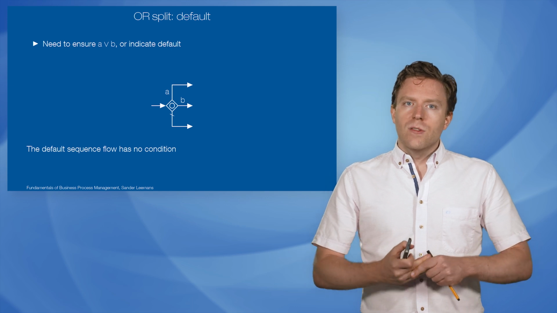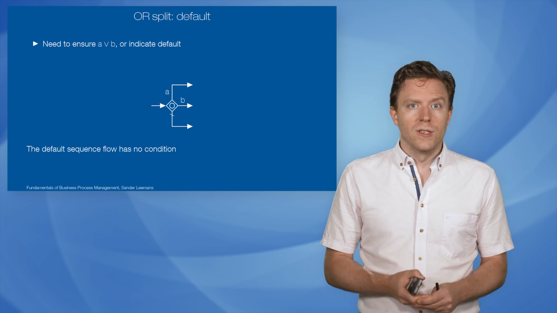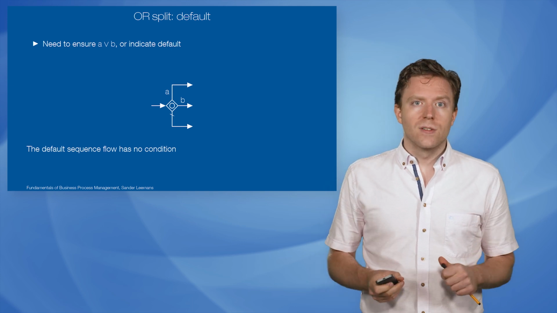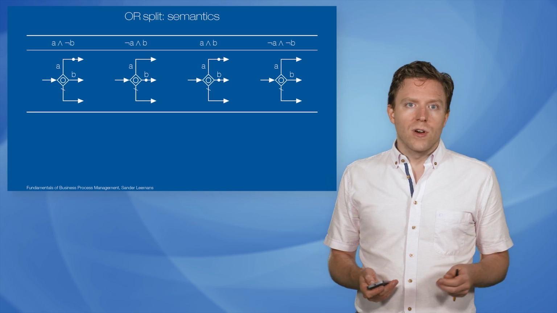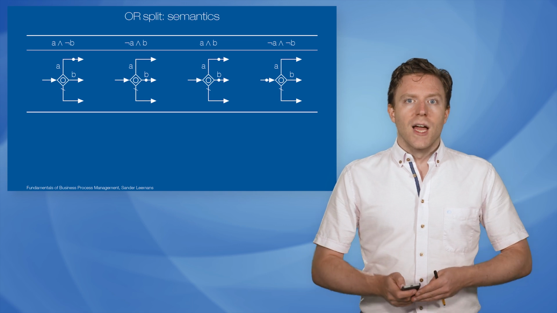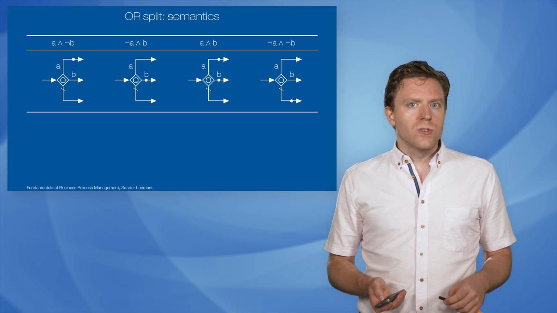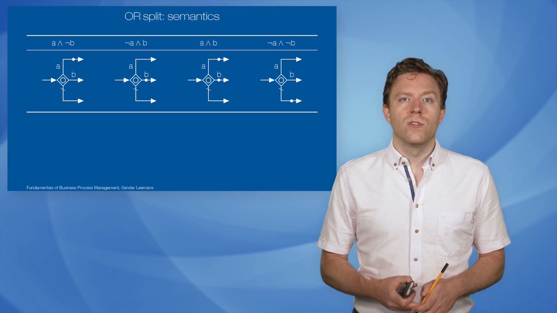This outgoing sequence flow that is the default has no condition on it. So it's the default and nothing else. So if we have that structure, then on the right, if a token arrives and neither A nor B holds, then the token will be produced on the default sequence flow.